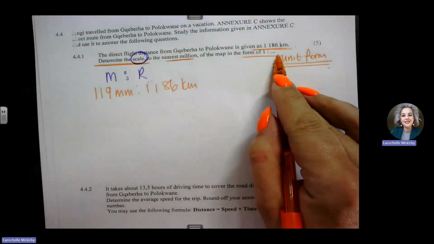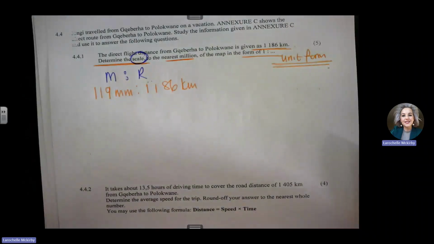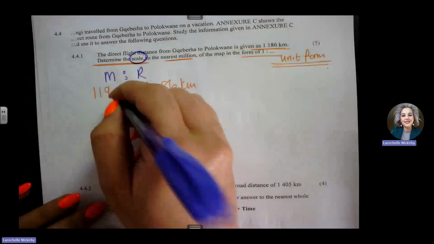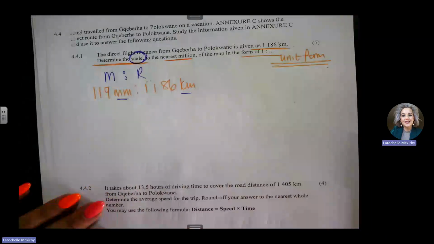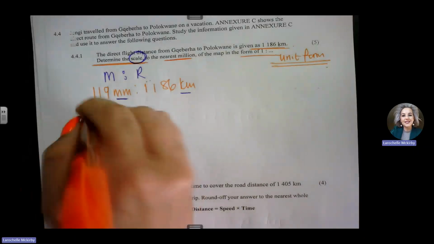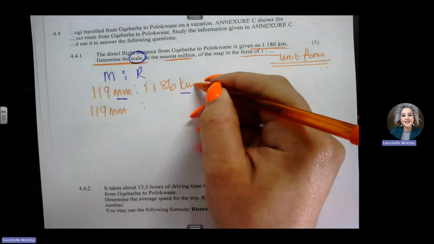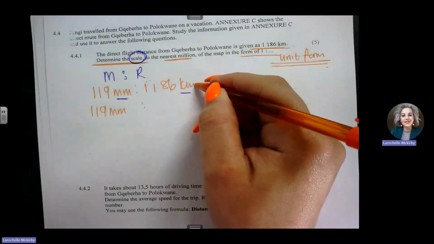So now I need to firstly determine the scale in its unit form. If I have it in its unit form, I must round to the nearest million. But before I can do that, my units are not the same, and they are supposed to be the same. So I will remain with the millimeter on this side, but for the kilometer, I will convert it to millimeters.